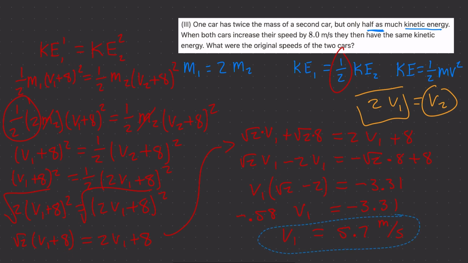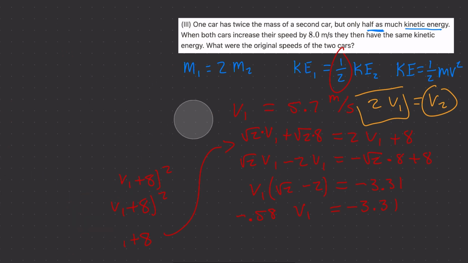We know what V1 is now. That's going to be super important to us. Now I'm going to get rid of a lot of this. And now that we know what V1 is, we can plug that into the same thing again to solve for V2.